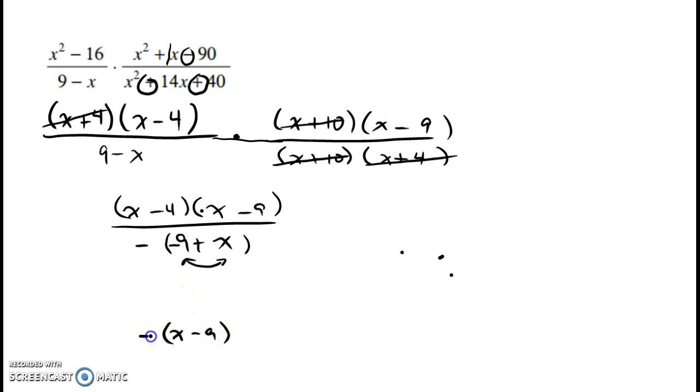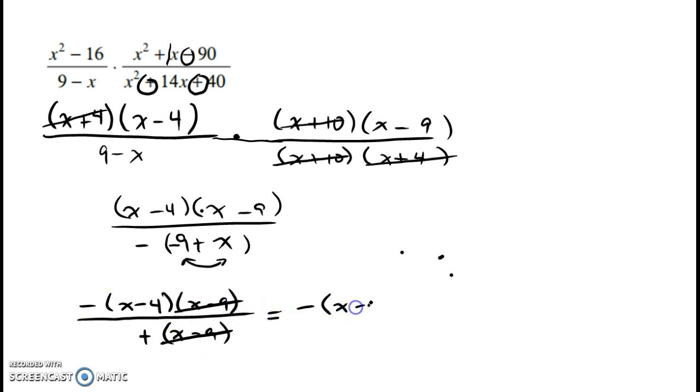The negative still remains, but we're going to write it with the numerator because that's simply the proper way to write it. And x minus 9. Now that we have that completed, get rid of those, we've got negative x minus 4. And we have solved that problem. Rather, we have simplified that problem.